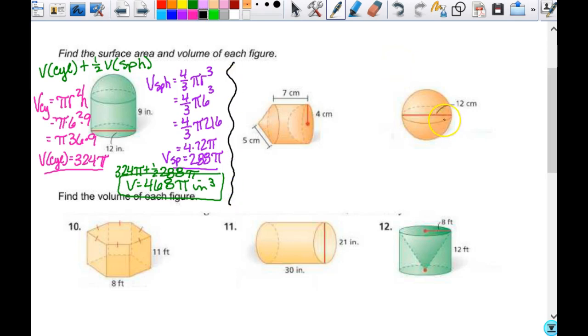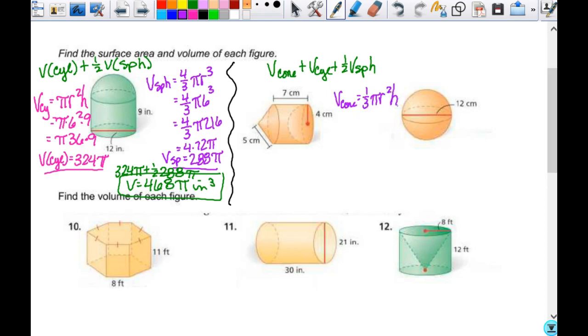I already did the volume of that one, so I just need to do this one here. So for the volume here, I want the volume of the cone plus the volume of the cylinder plus half the volume of the sphere. All right, so the volume of the cone equals 1/3 pi r squared h.